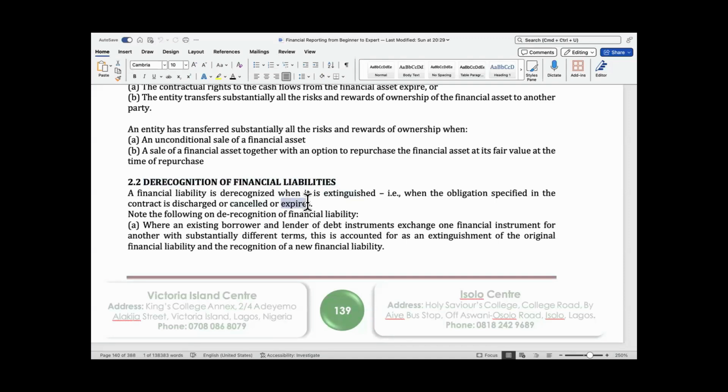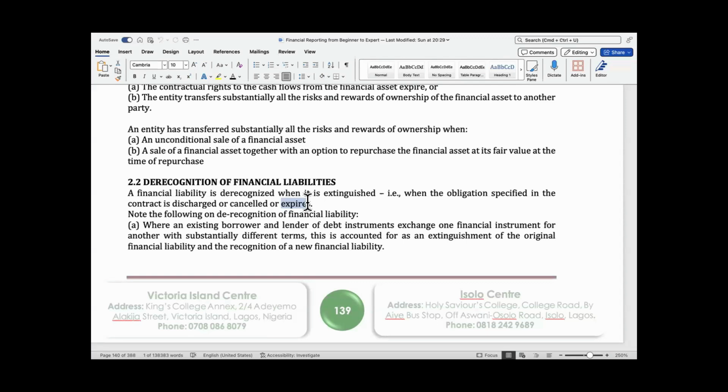That's extinguished, whether you have discharged it, that is, you have settled it, or they cancelled it for you, or the time for repayment has elapsed and it has expired. It no longer exists. Then you can remove it from your books as soon as that has happened.